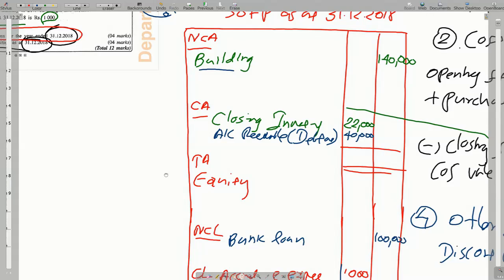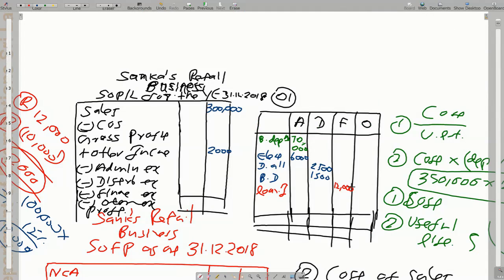The paid amount is 10,000, but the actual incurred amount is 12,000. You include 12,000 under your finance expenses, and the remaining liability, that 2,000, you enter under the liabilities. What kind of liability? It is a current liability, because within 1 year we are required to settle it.